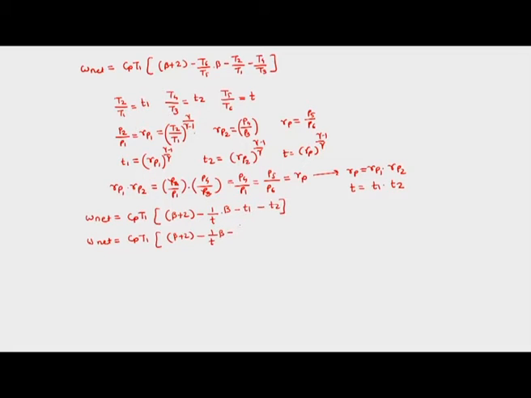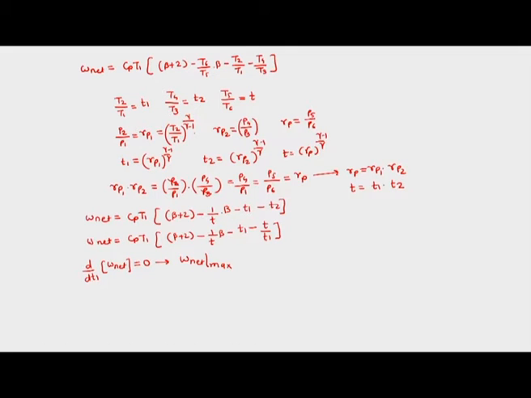So we can replace it with T2 by T upon T1, and then we can differentiate this expression with respect to T1 and equate W net to 0, such that we expect W net to be maximum. We will get a constraint of this.